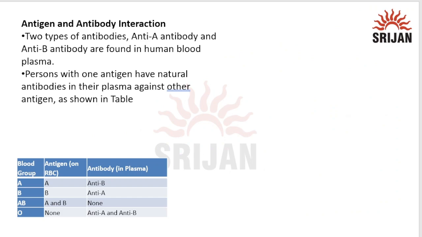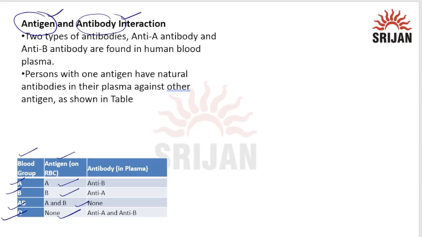Now comes the antigen and antibody interaction. To understand this, first of all we have to understand the presence of antigen and antibody. As I have told you, the names of blood groups come from the antigen presence. A blood group means A antigen, B blood group means B antigen, AB means both, and O resembles 0, therefore none.